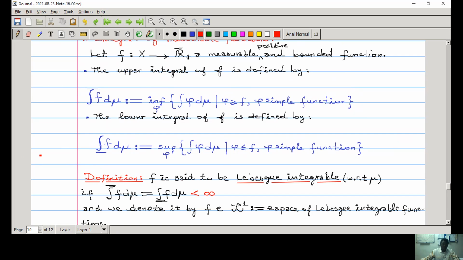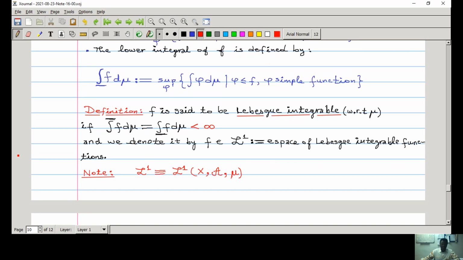They are just good for proofs, to prove theorems and the like. But in practical application, you just take a sequence of simple functions that converges towards f, and then compute the limit. You compute the integral of each one, and you go to the limit. That limit will be the integral of your function. Okay, so it's worth mentioning this.